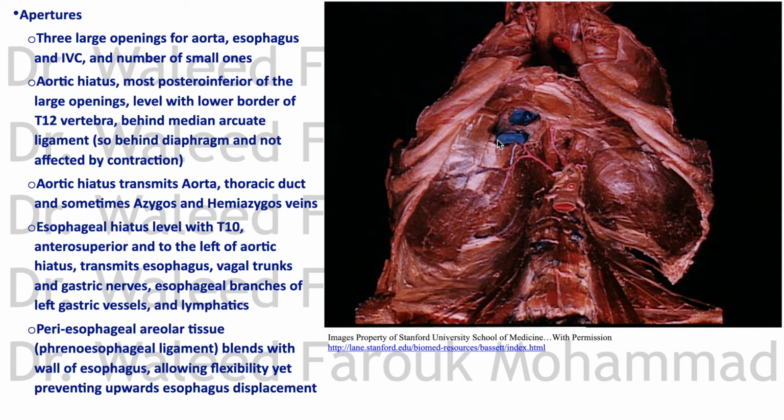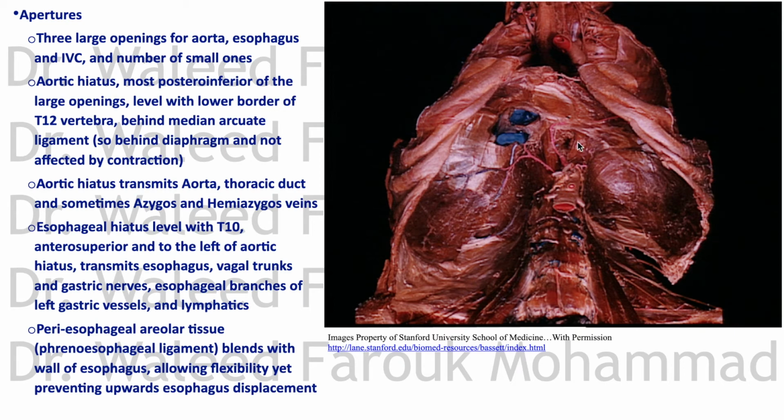See the genius design here, because with every breath, the central tendon will be stretched because of the muscles pulling on it while descending. So it will keep the inferior vena cava open and assists in the flow of blood from the inferior vena cava to the right atrium. See, this is genius design. That's why the inferior vena cava opening is in the central tendon while the other openings are not.